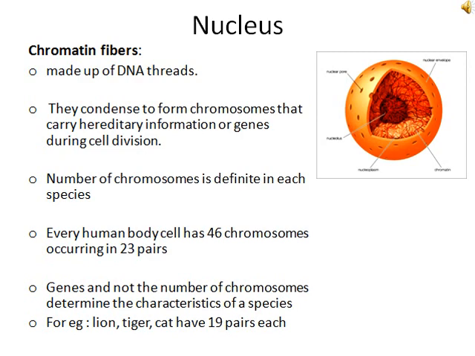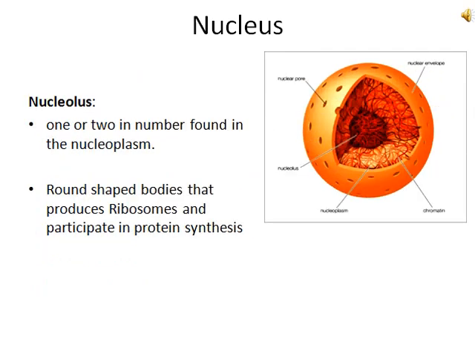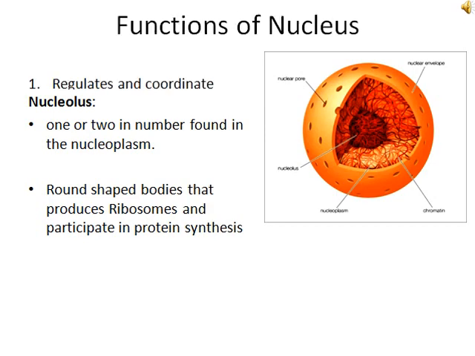The functions of the nucleus. Nucleus is the most important part of the cell. It regulates and coordinates various life processes. It plays an important part in cell division. It contains the genes that determine the heredity of an organism. Some cells have a well-developed nuclear membrane.